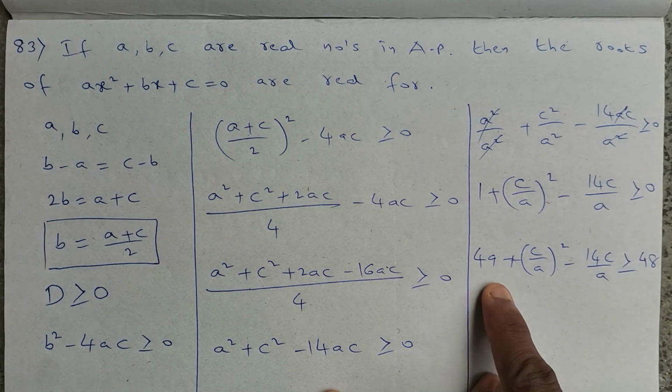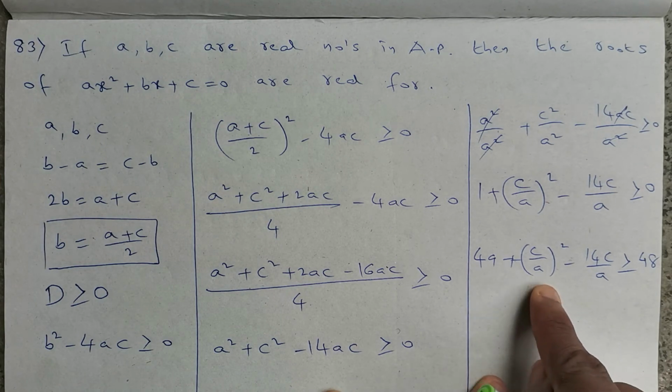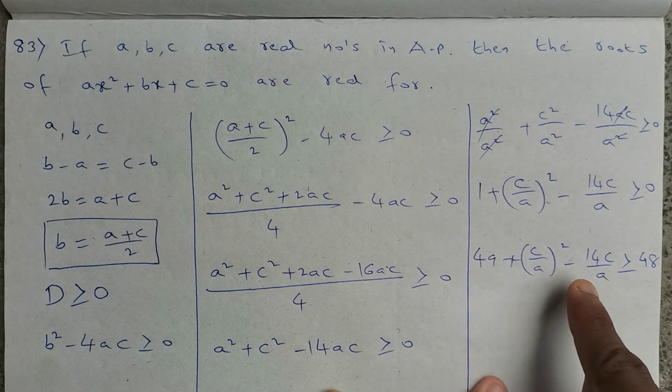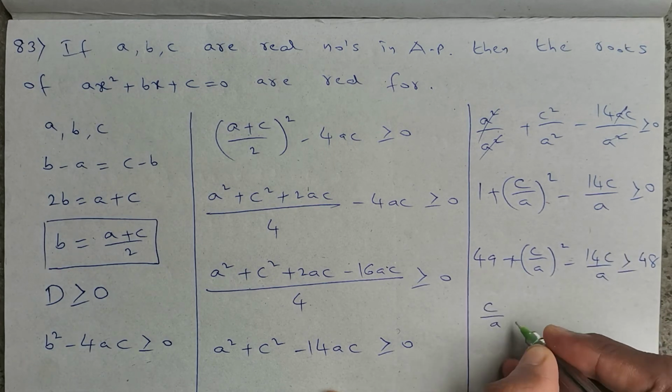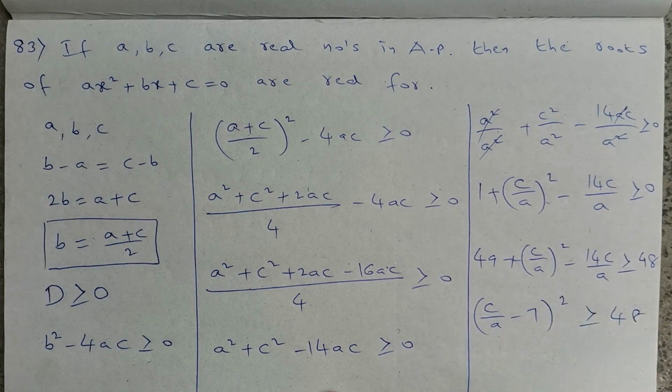Now if we observe the left side clearly, this is a formula: (c by a) whole square is a square, 49 is 7 square, a square plus b square minus 2ab, that is (a minus b) whole square, which is greater than or equal to 48.